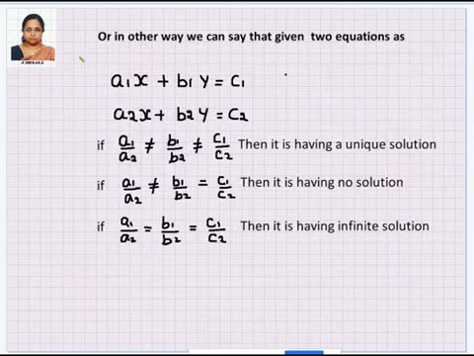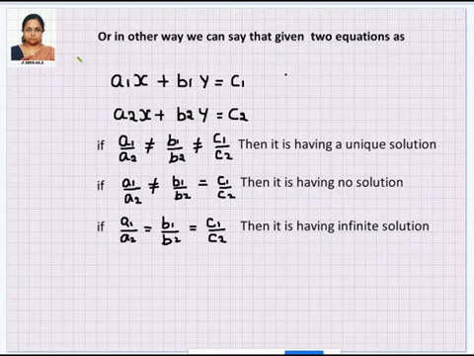Next. We can also get these answers as unique solution, no solution or infinite solutions by using this concept. In the other way, suppose you are taking these equations as a1x plus b1y equal to c1, a2x plus b2y equal to c2.